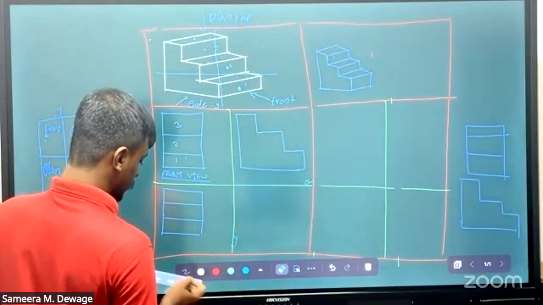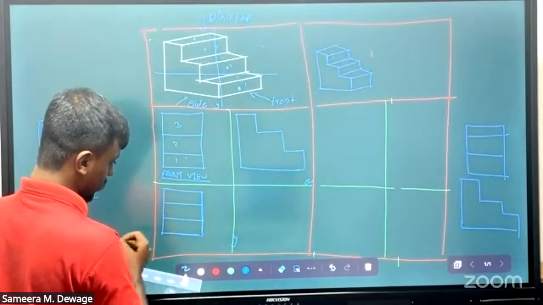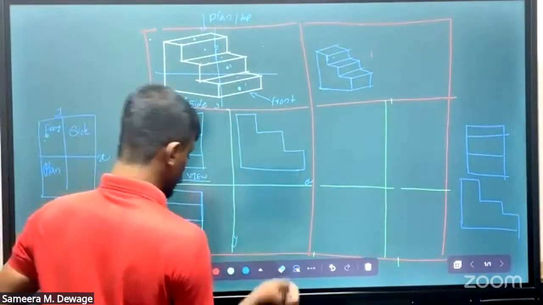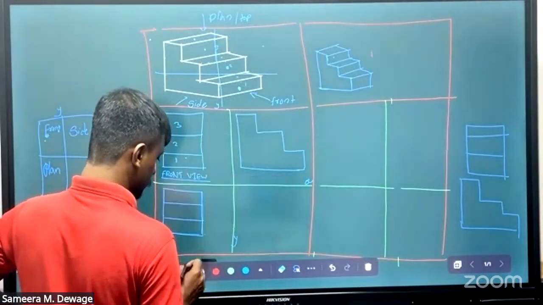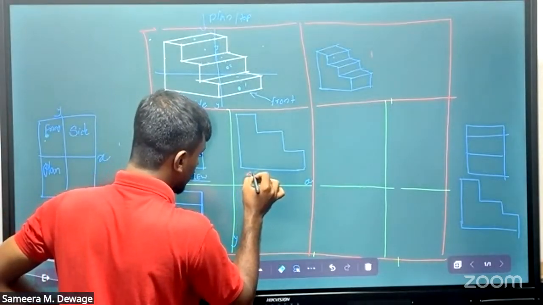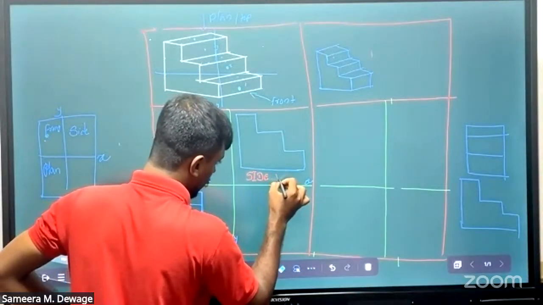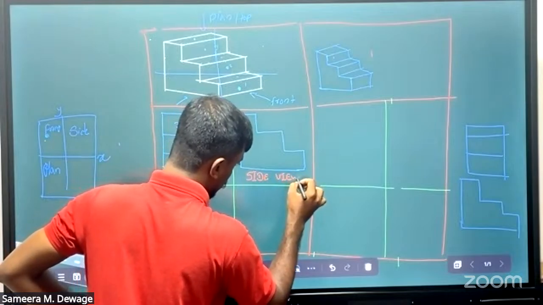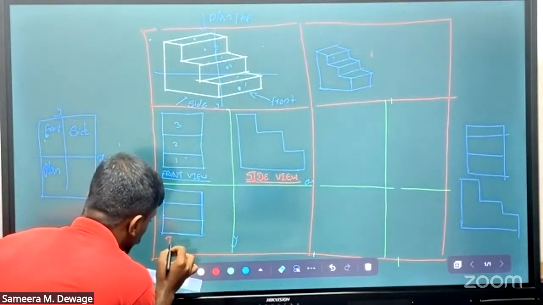So you can get this kind of image. Okay, so you can get this kind of image, right? So this is your side view. Here, your top view.